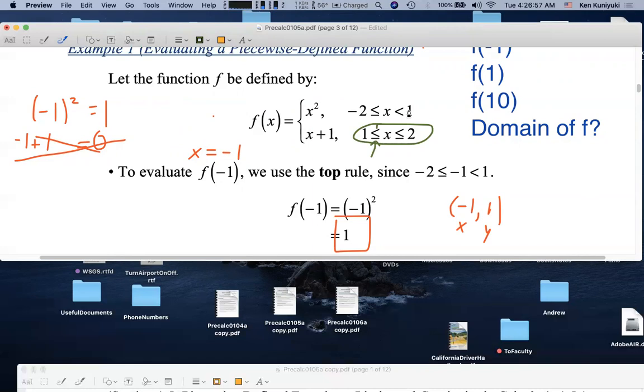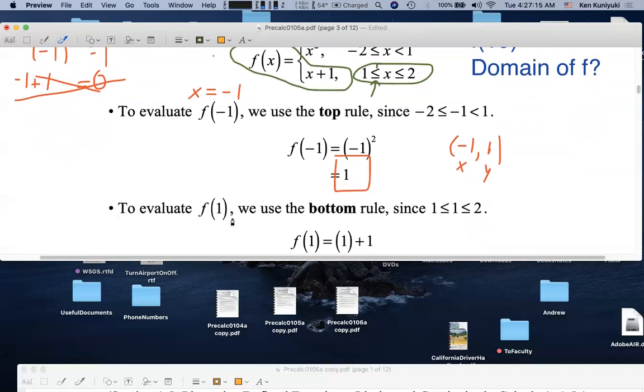That's a weak inequality. See, over here we have a strict inequality. 1 is excluded from that subdomain up there. So x equals 1 only applies to the bottom subdomain, and therefore we only apply the bottom rule. What do we do to x equals 1? We add 1 to it.